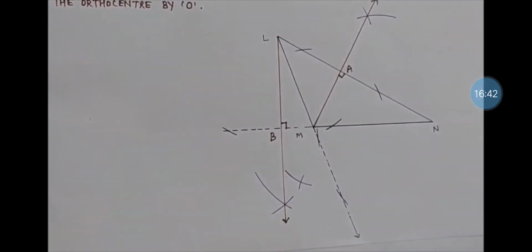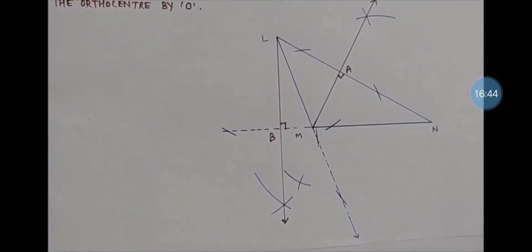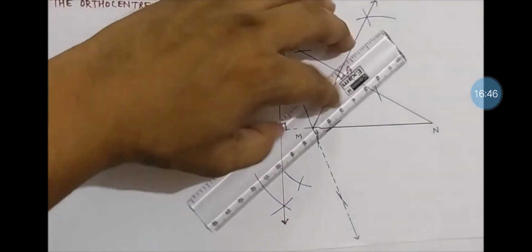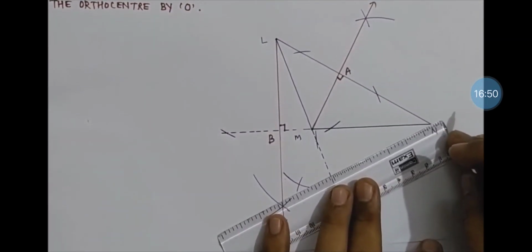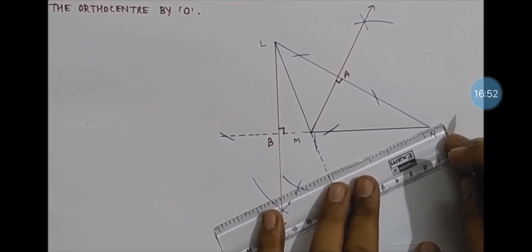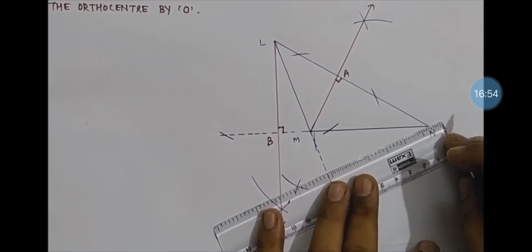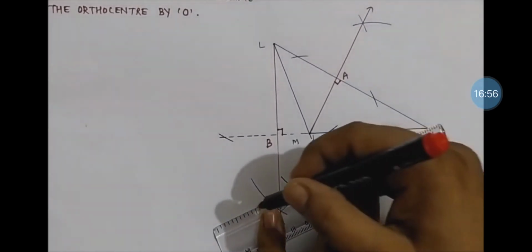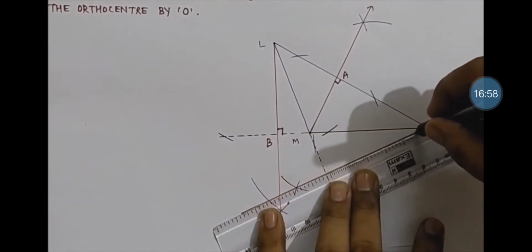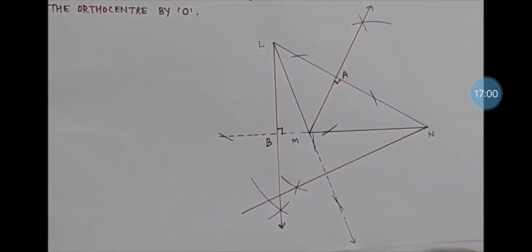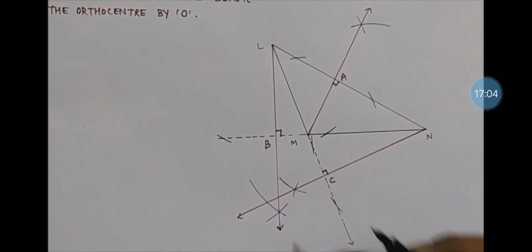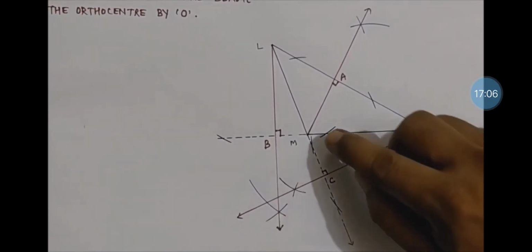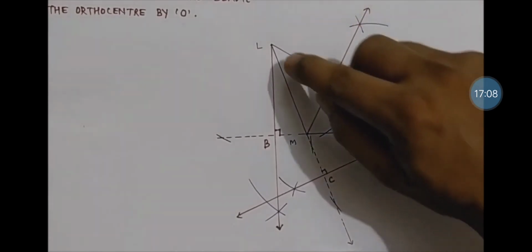Now join point N and that point. Now NC is altitude.